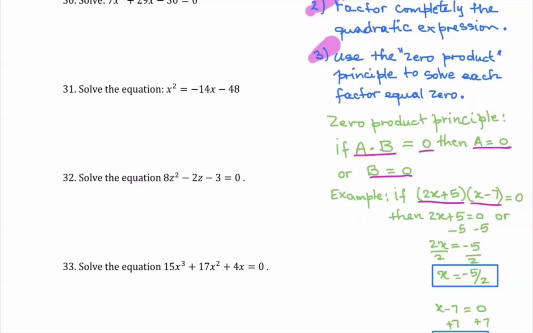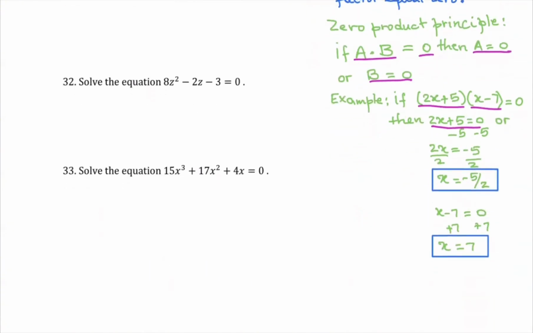So using the zero product principle, I set 2x plus 5 equals 0 and solve it to get x equals -5/2. And then I solve x minus 7, the second factor, equals 0, to get x equals 7. So I have two solutions for this equation, -5/2 and 7.